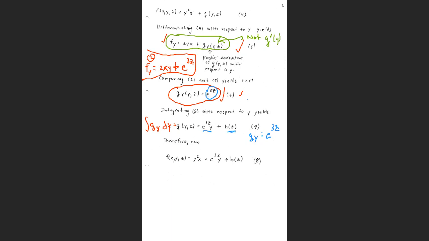Now, the potential function, you have more information about it. The function f, the potential function, would equal y squared x plus e to the 3z y plus h of z. So all that's left now is to determine that h of z function.